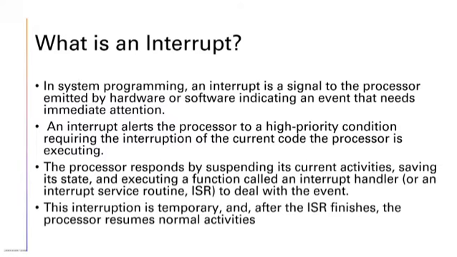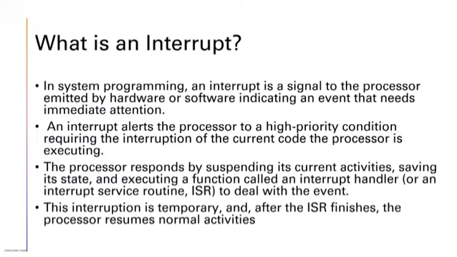This is a very brief and good way of saying what an interrupt is. An interrupt alerts the processor to a high priority condition requiring the interruption of the current code. Current code means whatever the processor is currently doing. When an interrupt comes, the current process will be stopped and the processor will go and serve a high priority condition, which is called an interrupt condition.